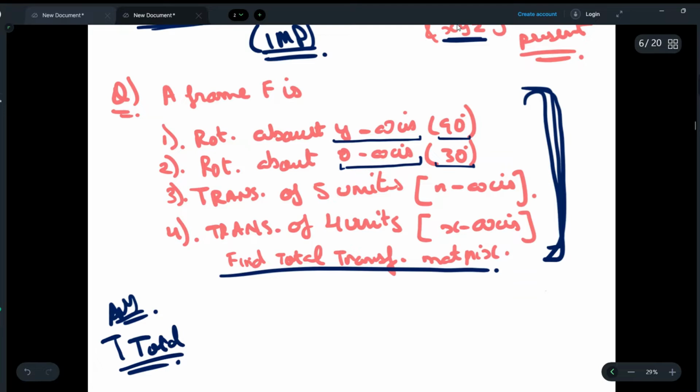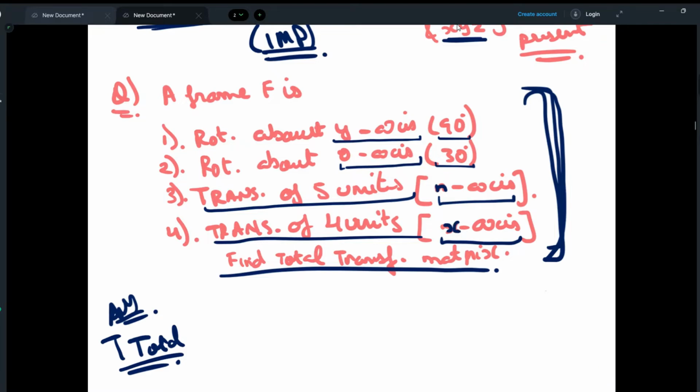Then thirdly, it is translated by 5 units about the n axis. Keep in mind that this is the n axis. And then it is again translated by 4 units about the x axis. So there is a huge difference between these things: first the rotation is about y, then O, then the translation is first about n and then x.